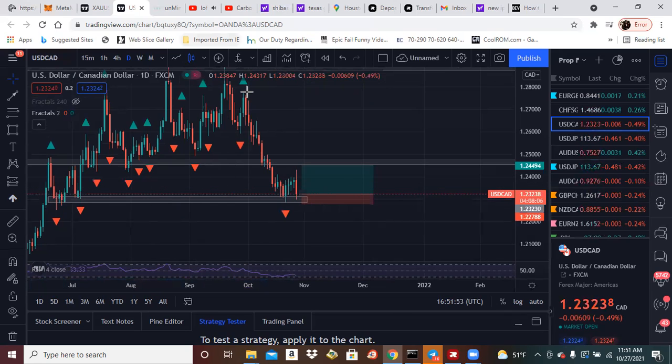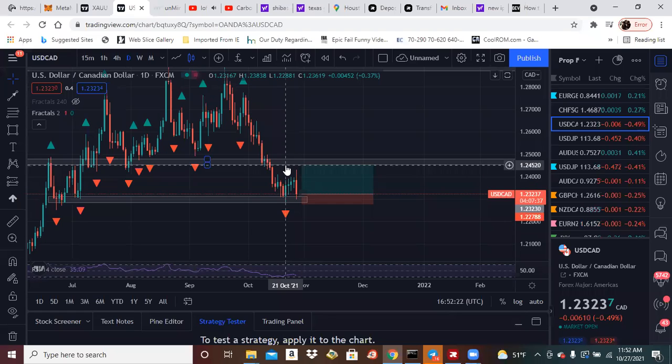Matter of fact, I'm gonna put it on the chat now, because this is a decent trade. And then I'll put it on here too, so y'all can have it. Buy USD CAD. What does that take profit? 1.24520.